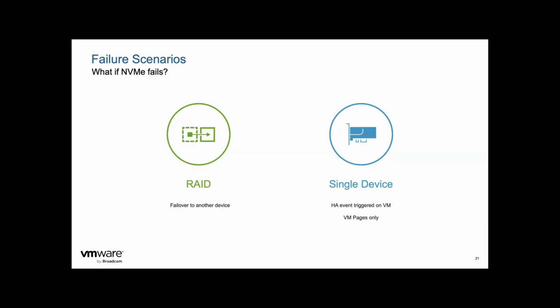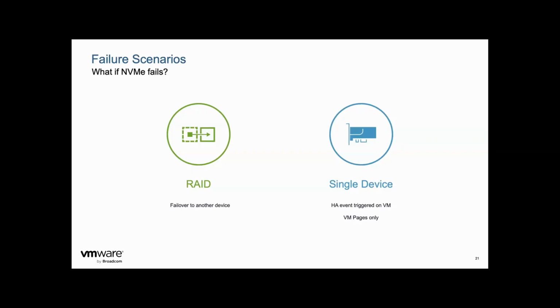What's going to happen is that an HA event is going to be triggered on the VM. And I say VM because only the VM memory pages are moved to the NVMe device. All the ESX host memory pages will always be on the DRAM tier, and only the VMs' pages are going to be on the NVMe device.